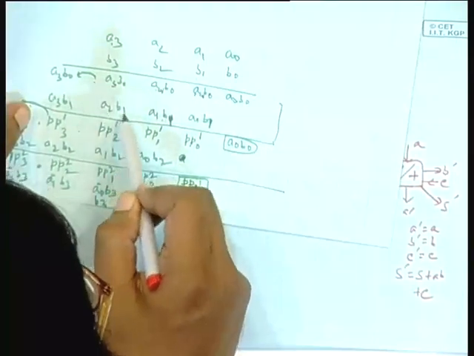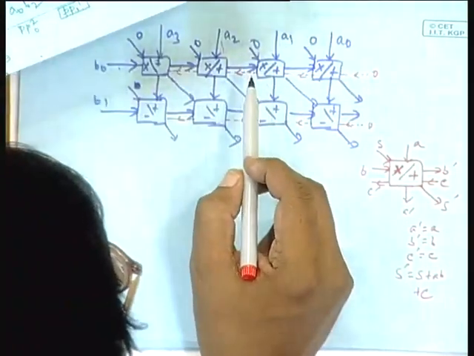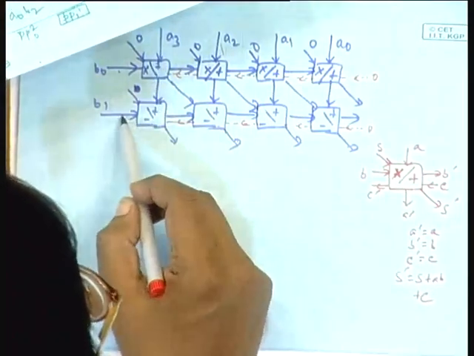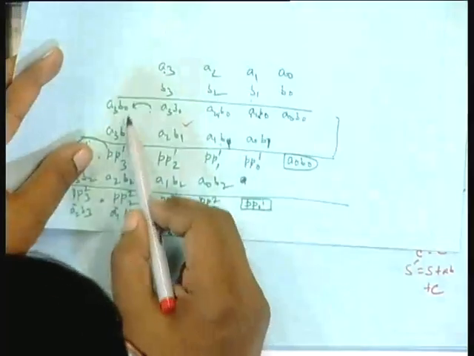Where am I? I computed this, isn't it? A3 B0, A2 B1. This much is done.